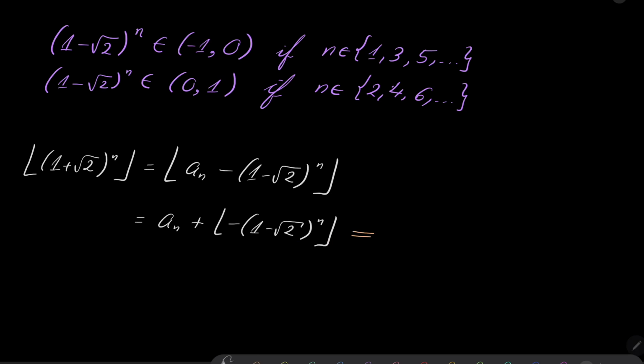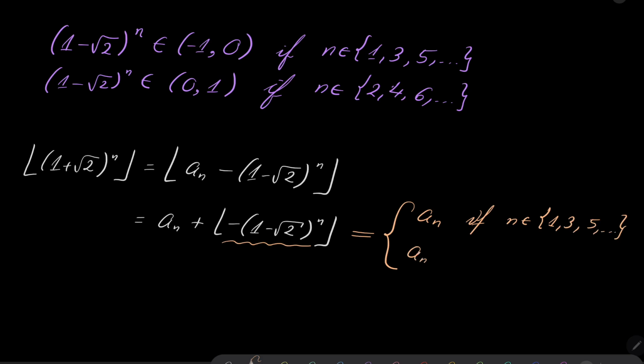First, let's consider when n is odd. When n is odd, then this number is from 0 to 1, so it's just a_n, because floor of a number from 0 to 1 is 0, so it's a_n if n is odd. And what happens when n is even?